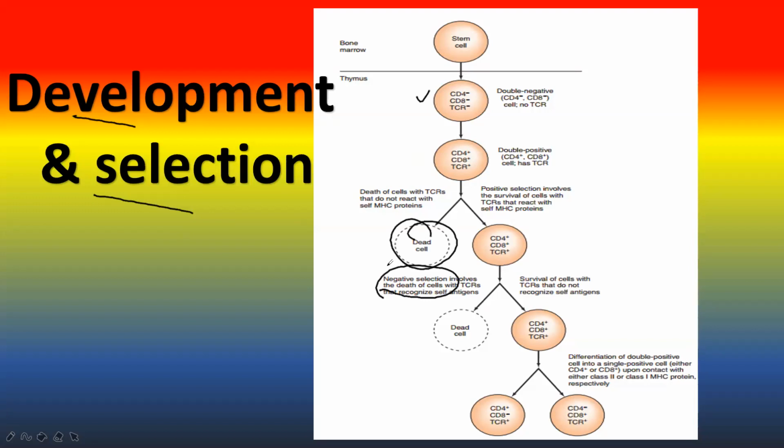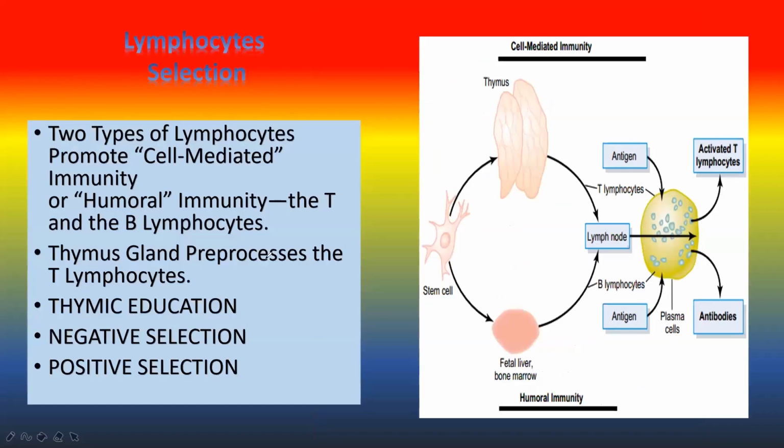The positively selected cells must enter our defense system. They play a key role in our defense system, okay. So it's negative selection and positive selection. This education we also did, okay.